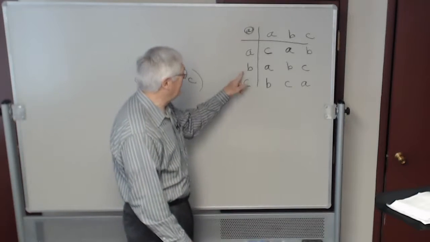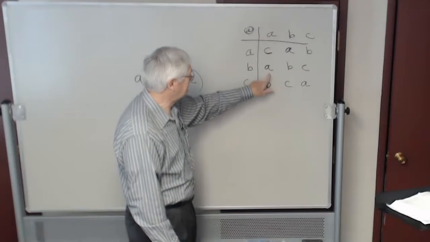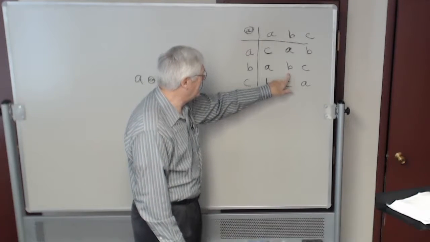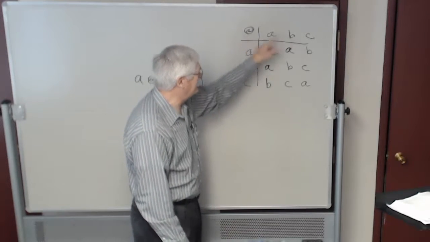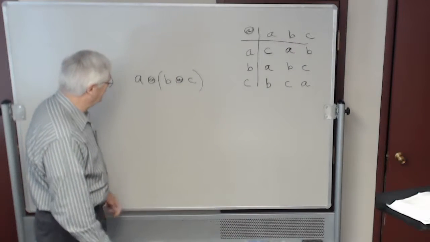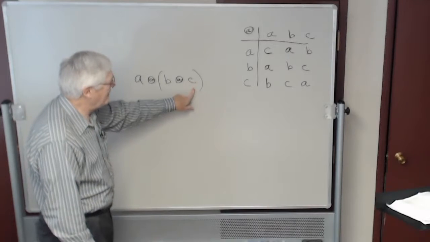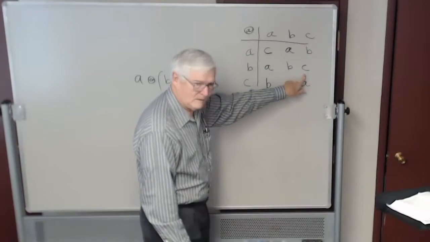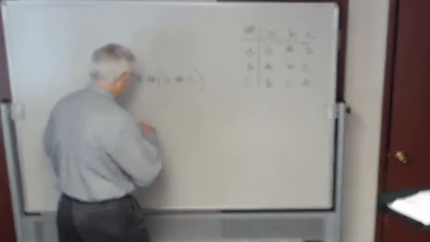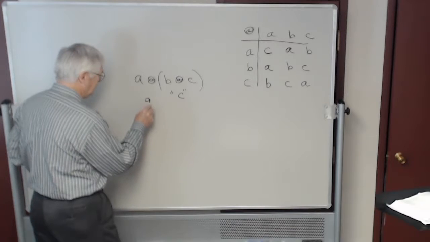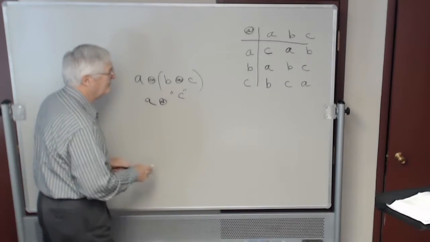So, what's B at A? A. What's B at B? B. And B at C? C. So what's B at C? C. So I put C down here for my answer, and then I go, what's A at C?